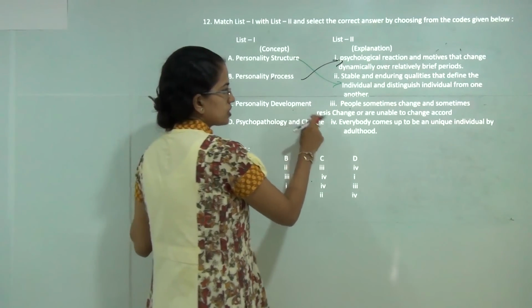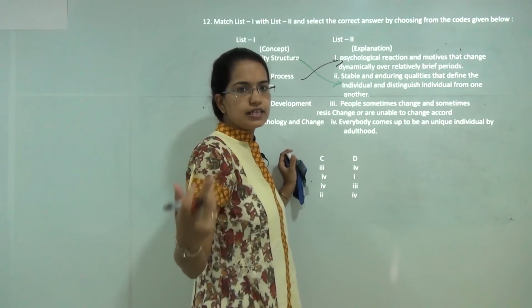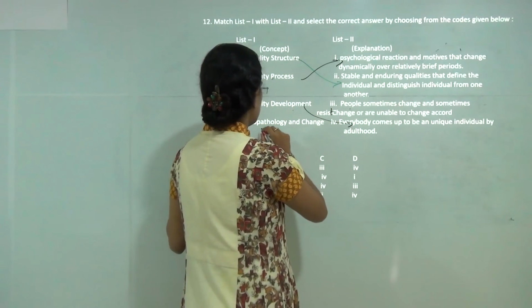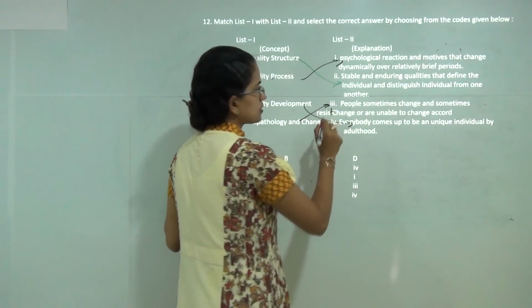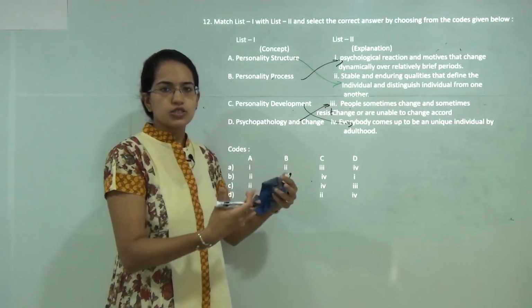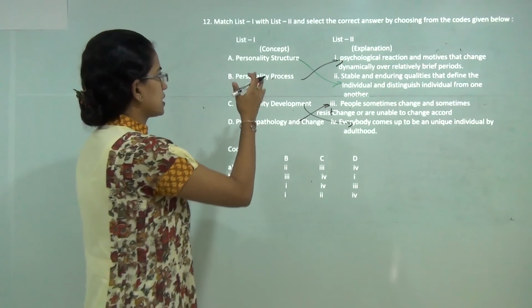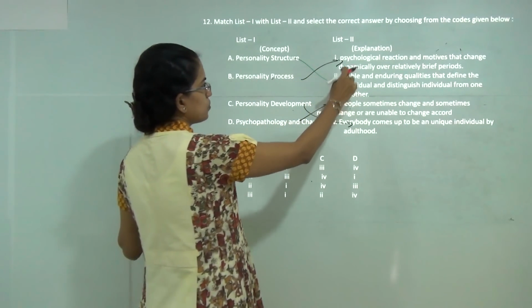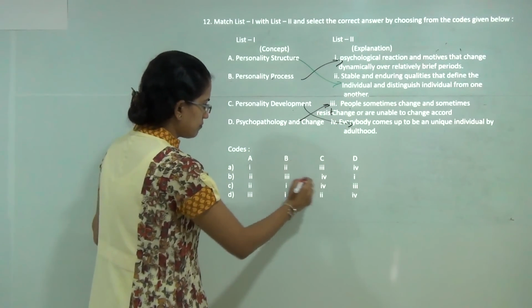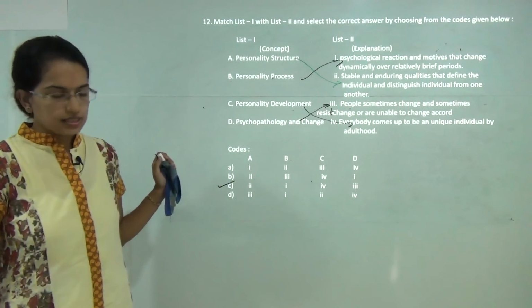Personality development talks about how and why each individual comes up as a unique individual. And finally you have psychopathology and change that talks about why people change and why some people resist change. So these are the correct match. So you have 2, 1, 4 and 3. So C would be the correct answer here.